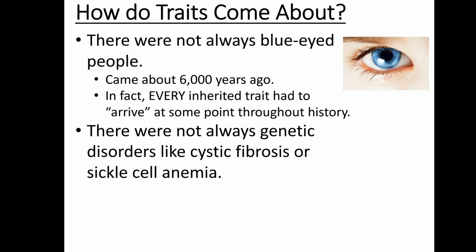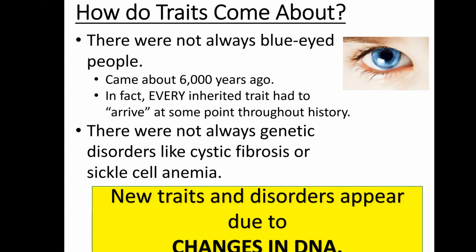And changes to those simpler organisms' DNA have brought about a multitude of different species, with very different physical and behavioral features. There were not always genetic disorders like, for example, cystic fibrosis or sickle cell anemia. New traits and disorders appear due to changes in the DNA.